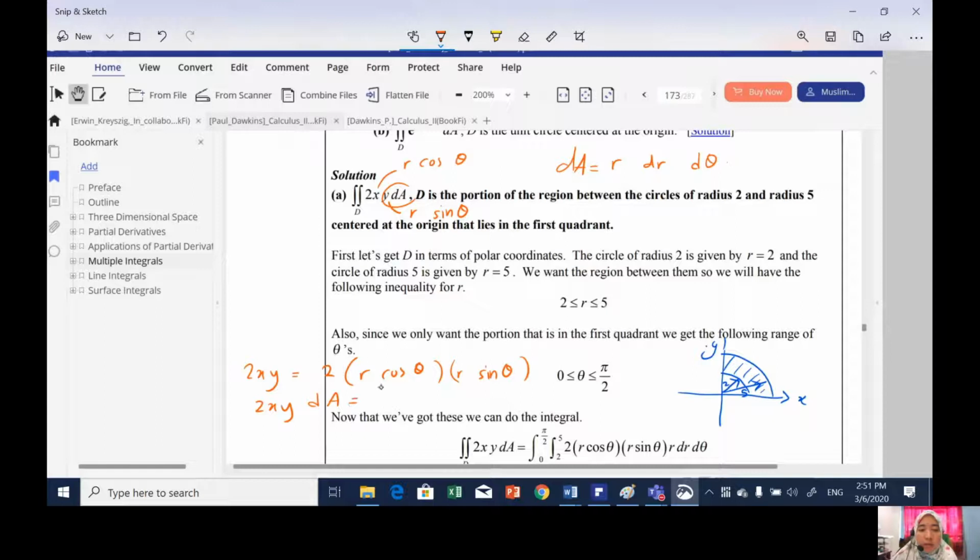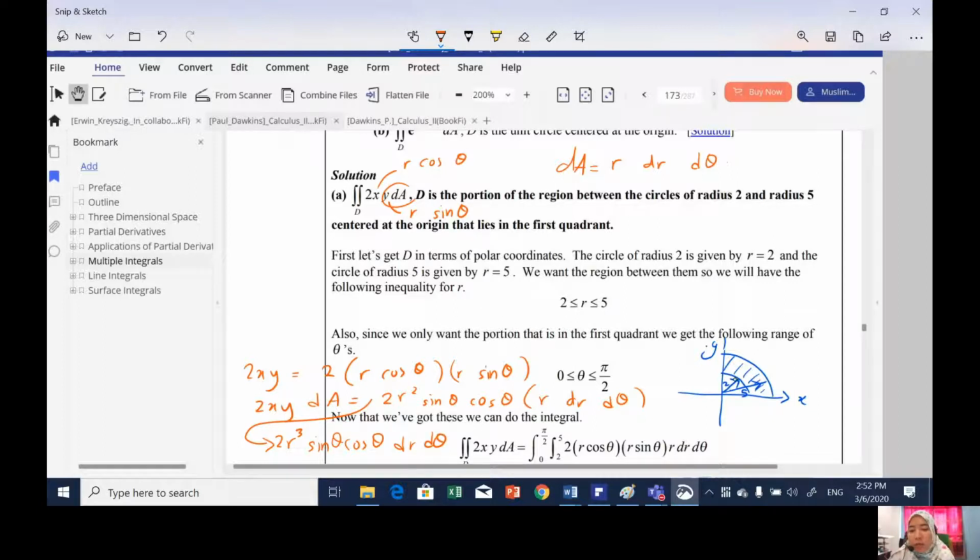When we open this bracket, we have 2 r squared sin theta cos theta, and for the dA, we have r dr d theta. So there's another r that we can combine. From here, we can write it down as 2r cubed sin theta cos theta dr d theta.